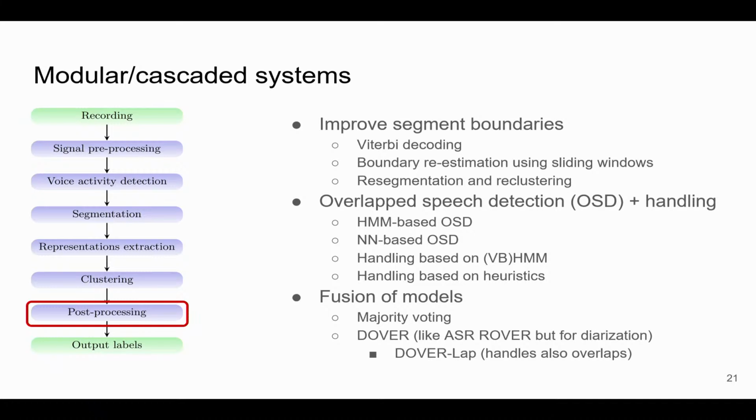The problem here is that even in the cases when you detect overlap, that doesn't guarantee that you will assign the correct speaker. You still need to handle that. You found that there is overlap here, but now you need to assign, like, hopefully, your model found speech there. So now you have speech of one speaker after your clustering, but you need to assign a second identity or a second label for that part.